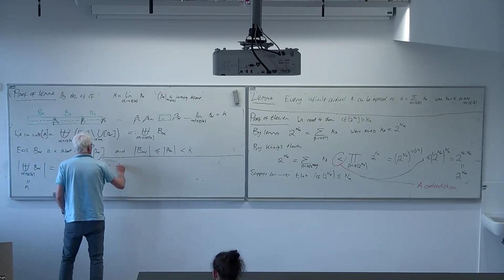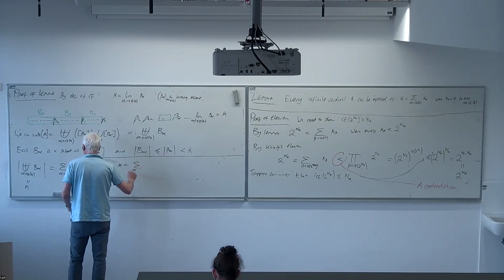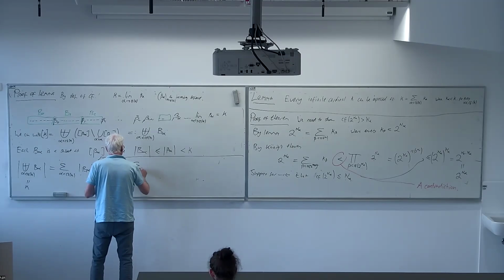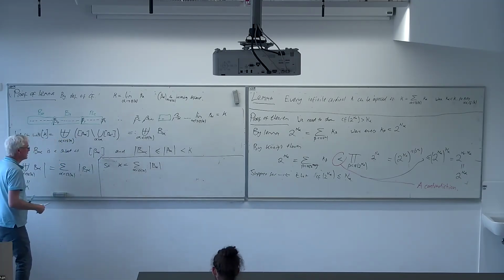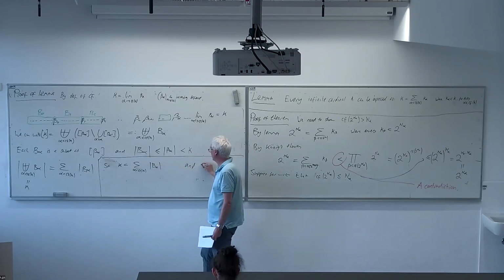So kappa is the sum of the cardinalities of these sets, and each cardinality of B alpha is less than kappa.